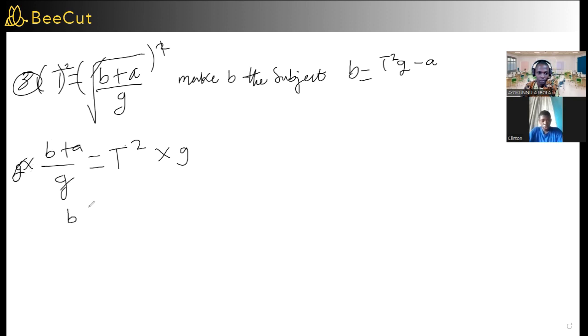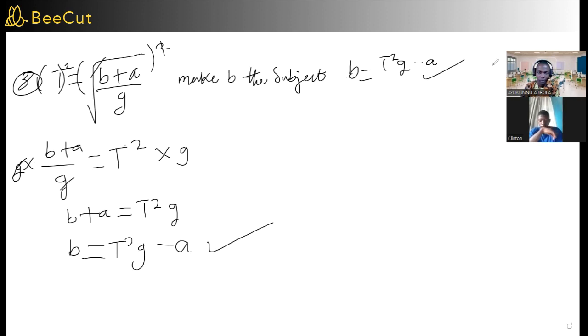Then we have B plus A equal to T squared G. Then we're making B the subject, so A is positive, then change to negative. T squared G minus A, that's correct. Okay, that's very good.